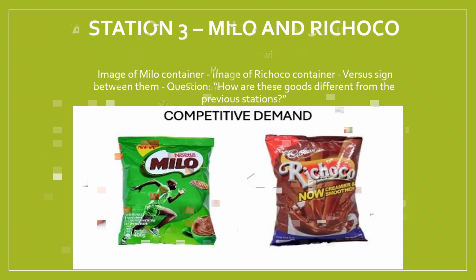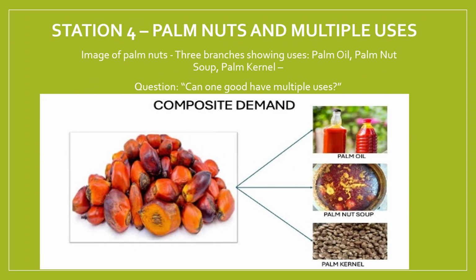Let's go to station 4. You see palm nuts, an important crop in Ghana. Now observe the relationship.